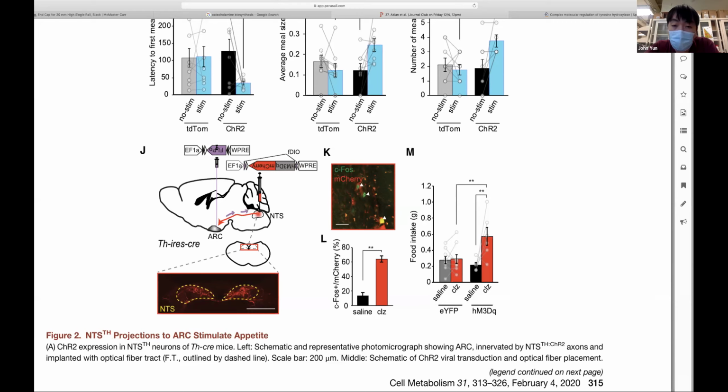Mm-hmm. And then in figure M, it just shows that similar to optogenetics, activating these same neuron projections leads to an increase in food consumption. Yeah. I mean, it's kind of the same thing as the optogenetics. Yeah. Doesn't really add much information.